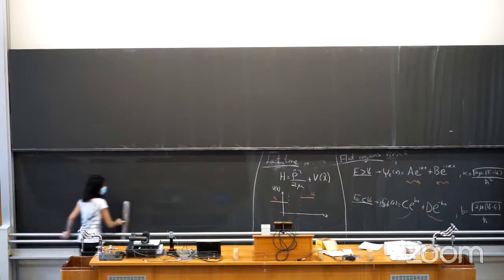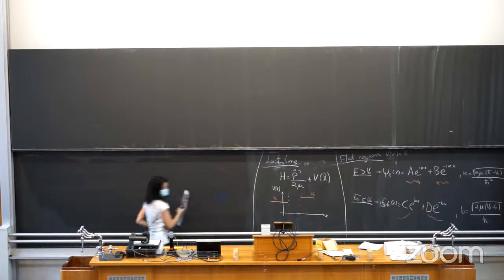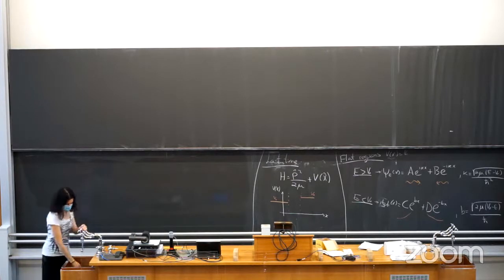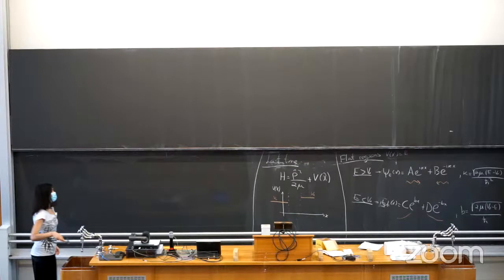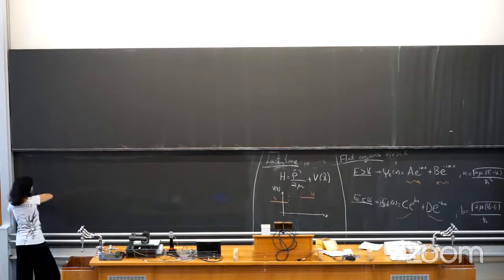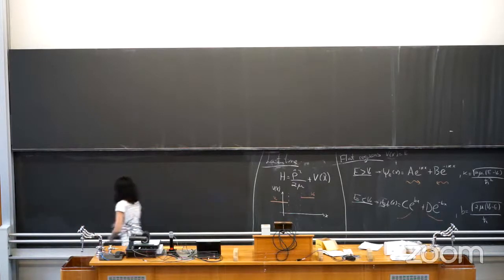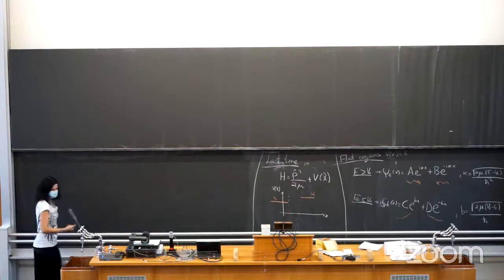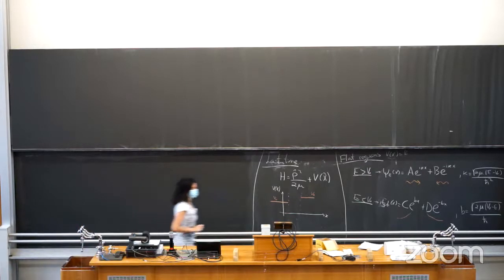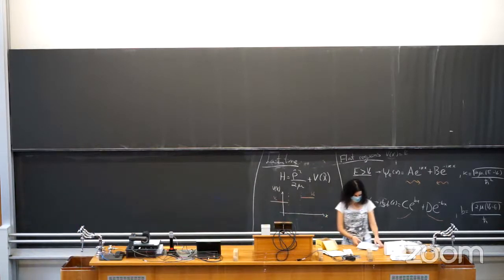If the potential is continuous, then the second derivative with respect to x is continuous. Then we saw we need to normalize it. And then we saw that the energy must be larger than the minimum of the potential.